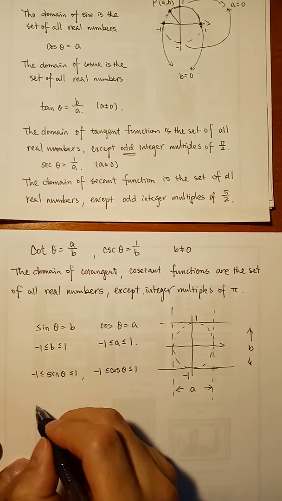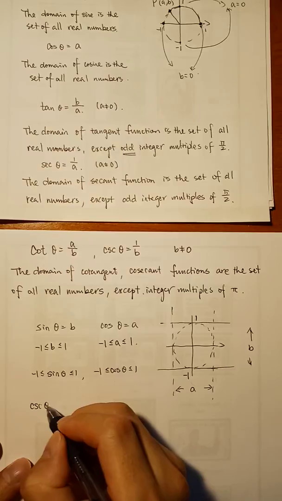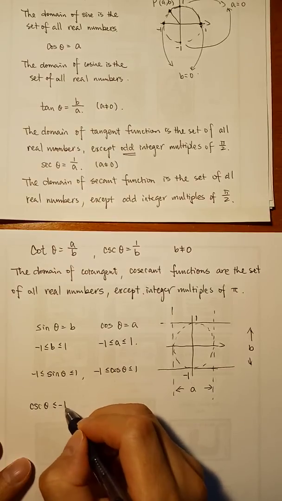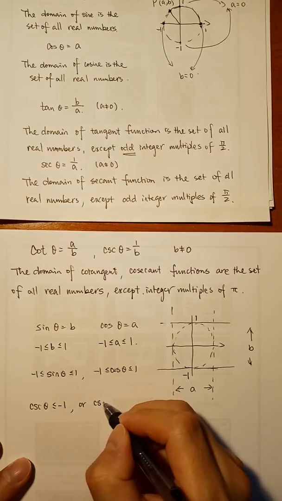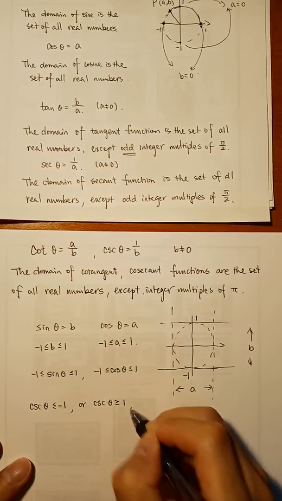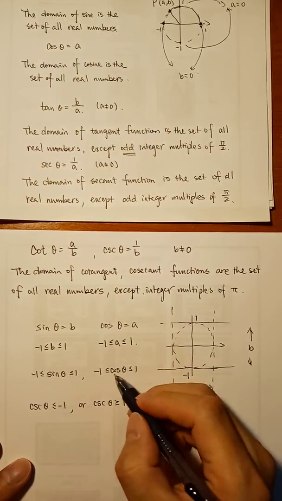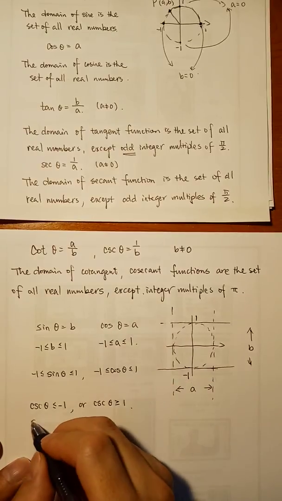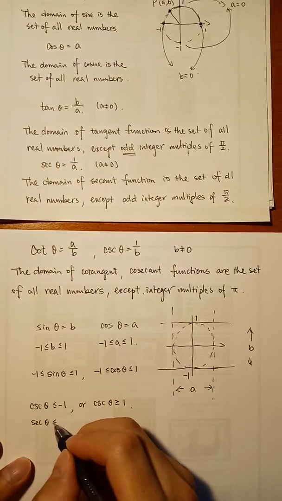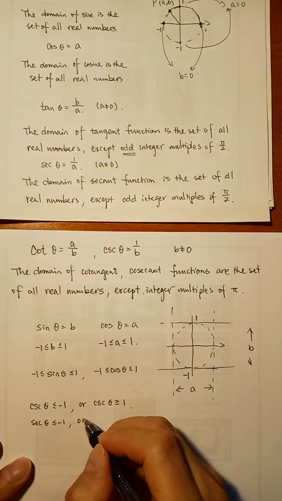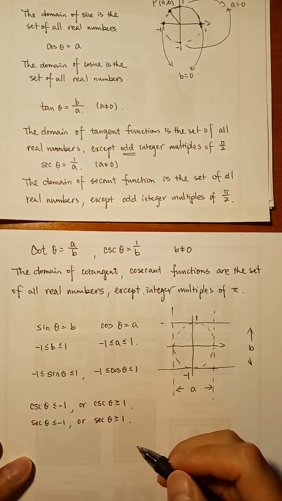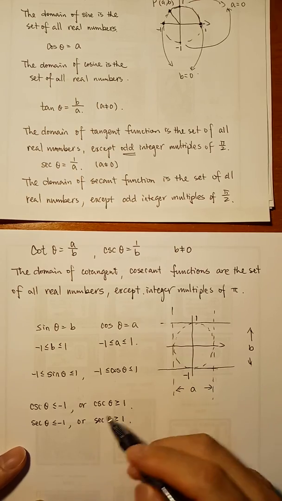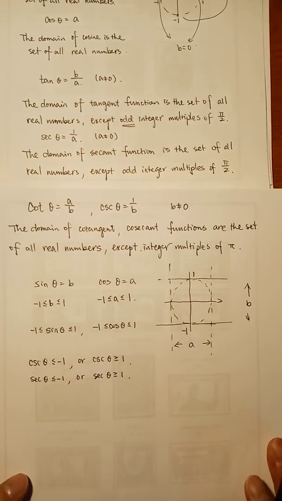The cosecant of theta could be less than or equal to -1, or greater than or equal to +1. And a similar thing happens for the reciprocal of cosine. Secant of theta could be less than or equal to -1, or greater than or equal to +1.